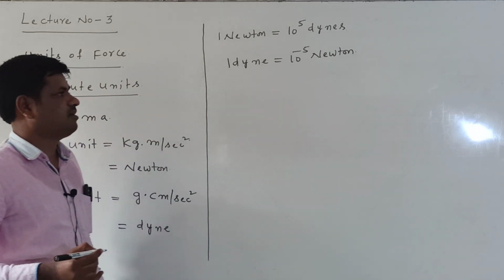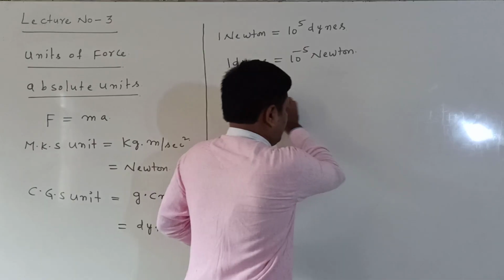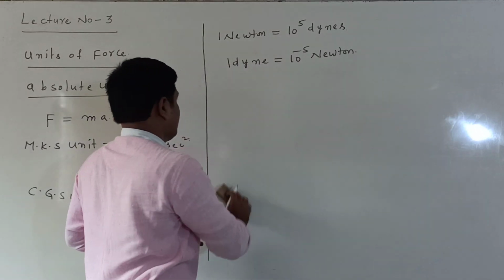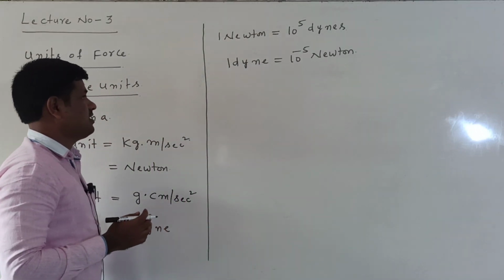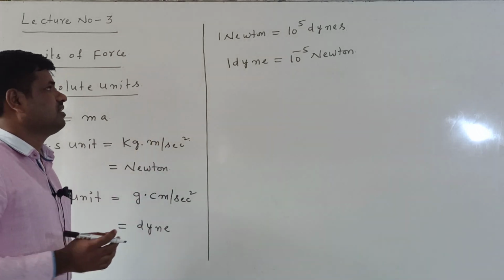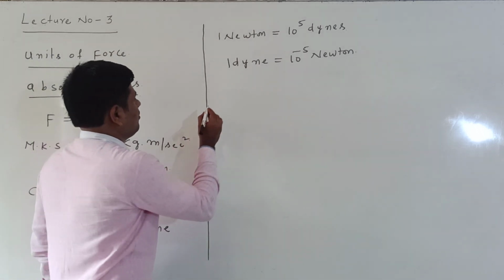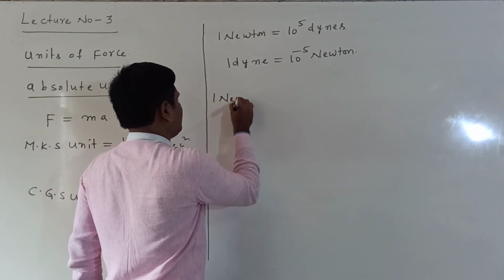This is the relation between the dynes and the Newtons. We have discussed what the Newton and the dyne are, and the relation between them. Next, what is the definition of 1 Newton?